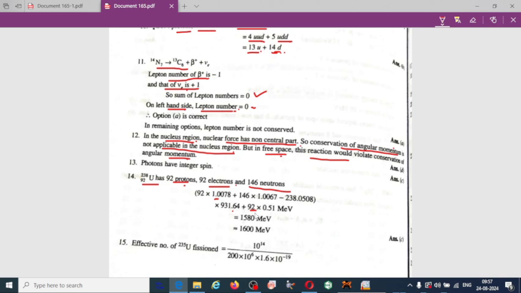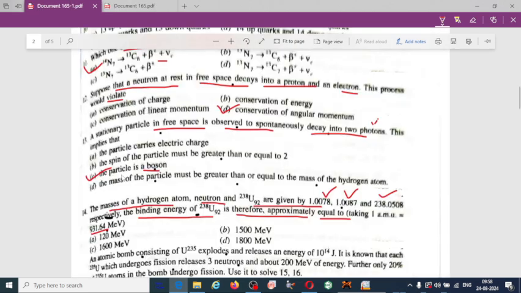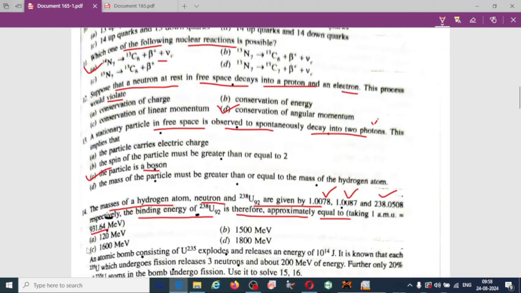Then here if we add up, we will get 1580 mega electron volt, which is near to 1600 mega electron volt. So option C is near to that.